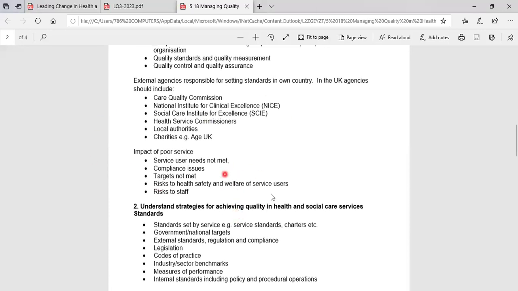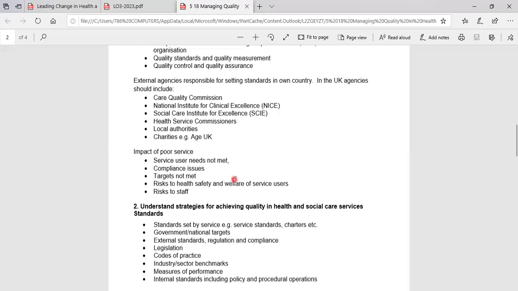What's the impact of poor service? Service users' needs are not met. Compliance issues arise. Targets are not achieved on a regular basis. So how do you discuss those targets if they've not been met? Within your organization, you have regular meetings and discuss what the targets were, and if they've not been achieved, what the reasons were.